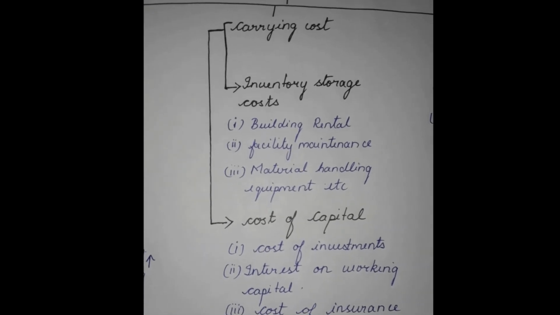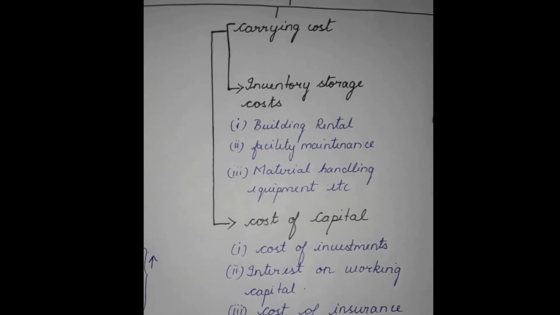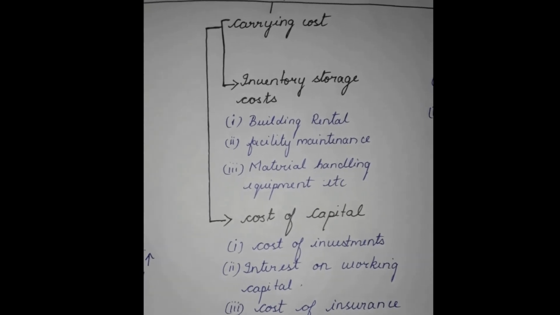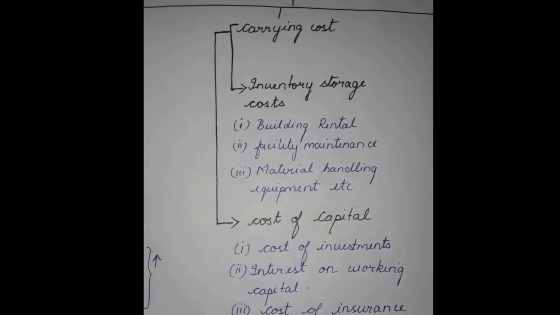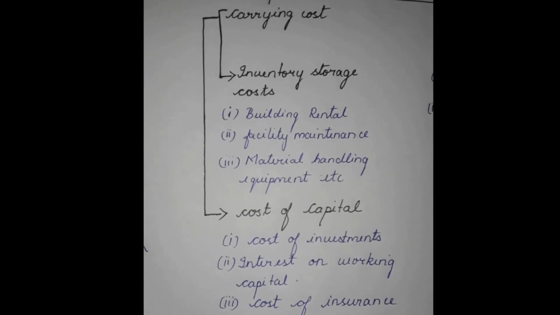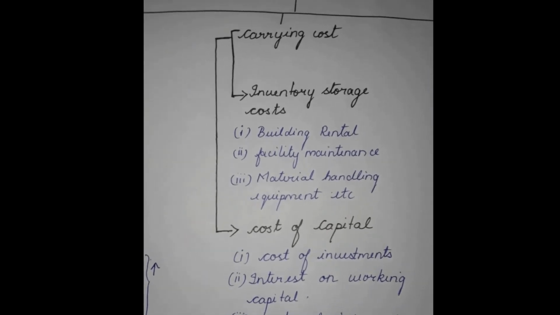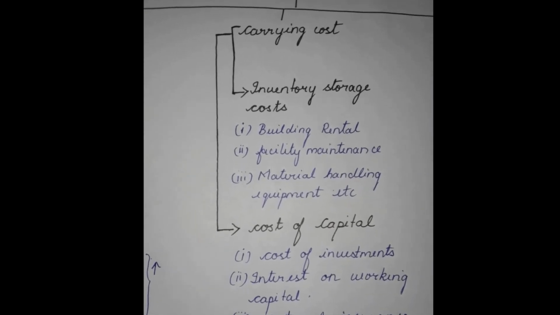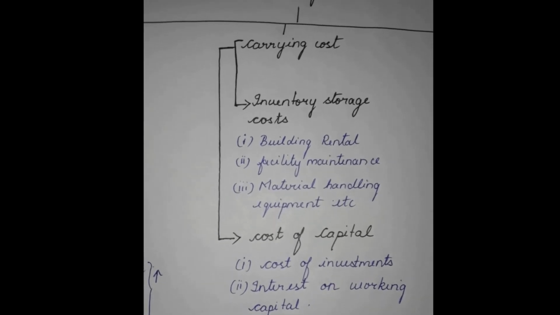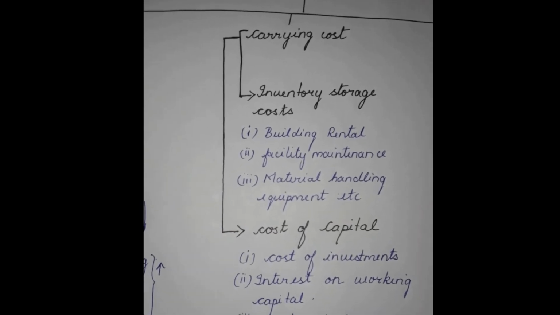So we take into consideration the rent that is paid for the building in which the goods are stored and also the costs incurred for maintaining that facility in the way it is supposed to be. In case the goods have to be air conditioned, then the cost incurred for air conditioning, etc. And certain goods have to be handled in a specific manner with specific equipment. Then the firm will be incurring material handling costs as well.